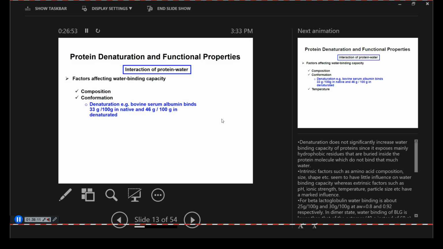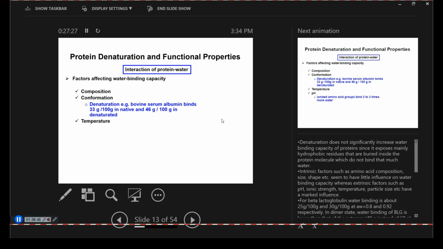So for example, bovine serum albumin can bind 33 grams of water in 100 grams of protein in native, but it can bind 46 grams if denatured. So this tells you when it's open up, we're exposing more residues to the surface. Even nonpolar residues will bind water, so we are going to bind a little bit more water.